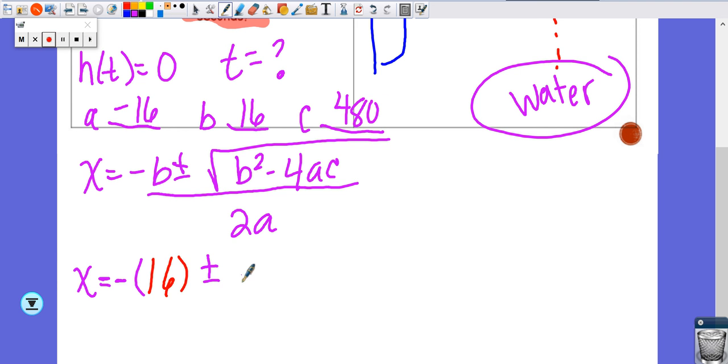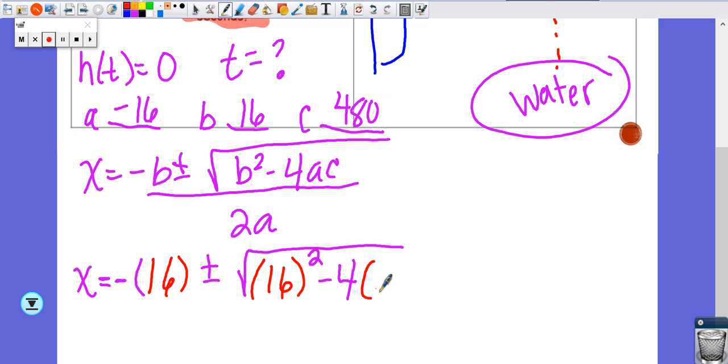And then plus or minus the square root of b squared, so I'm going to put in parentheses 16, close parentheses, put the squared back, minus 4, then I'm going to open my parentheses again: a, negative 16, and then c.